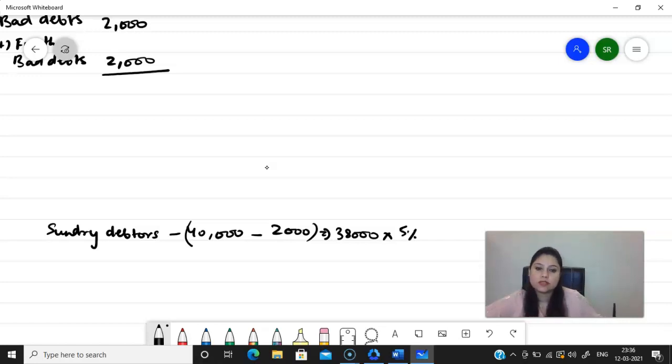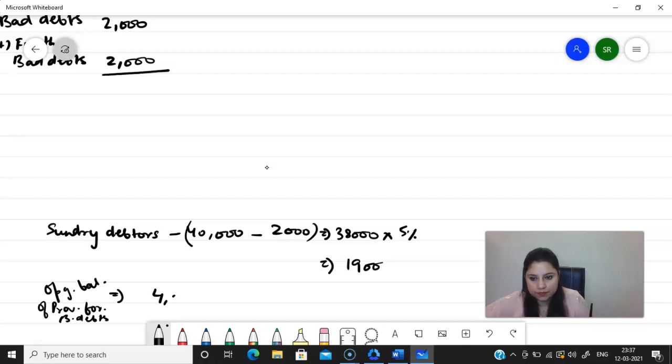So 38,000 into 5% amounts to 1900. Right, now the provision for bad debts that we have been given is 4,000, that is the opening balance of provision for bad debts. And the amount that needs to be carried forward to the next year is 1,900, which is less than the opening balance.